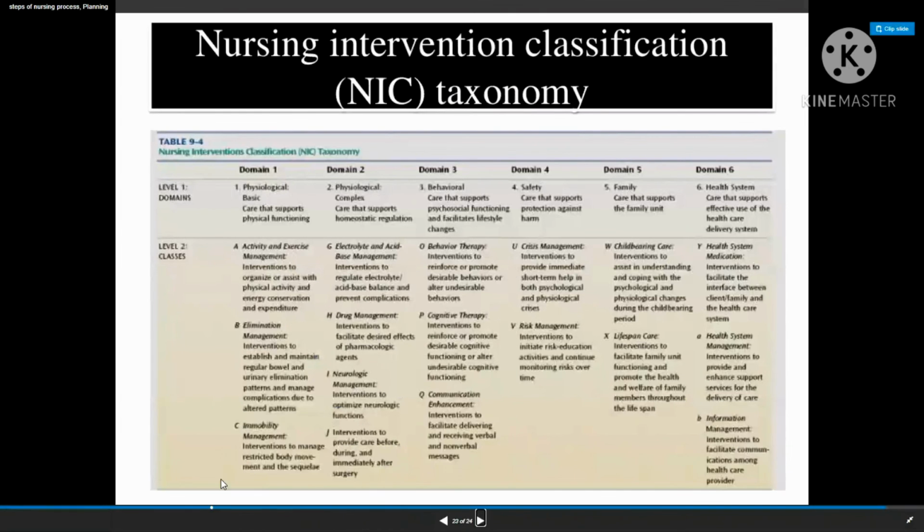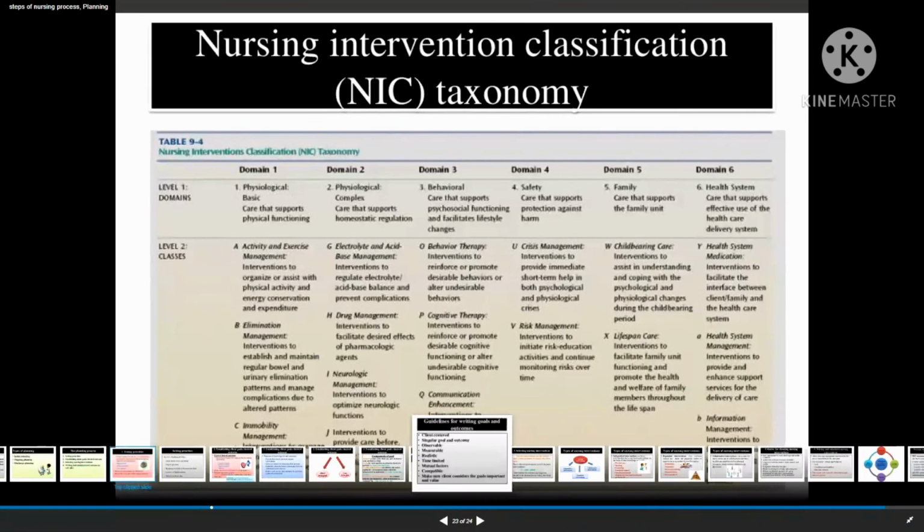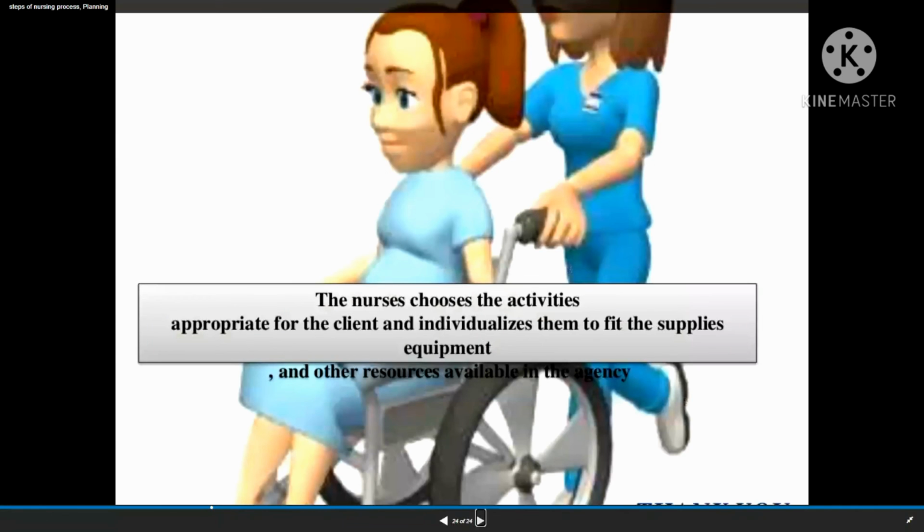So these are the different domains: physiological basic needs, physiological complex needs, and behavioral care that supports psychosocial functioning, then safety care that supports protection against harm, then family care, as well as domain 6, health system care that supports the effective use of health care. So these are the different levels.